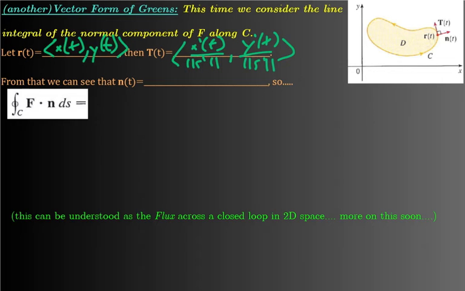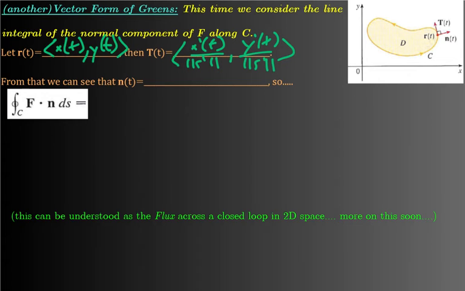And the unit normal, this thing that I'm going to relate to Green's in a second. When you have just two components in a vector, you can easily get the normal if you literally flip and negate, right?